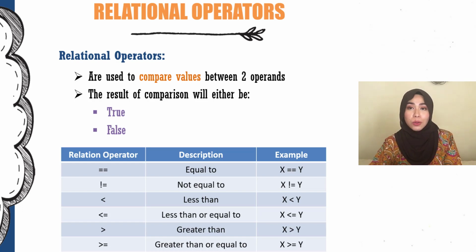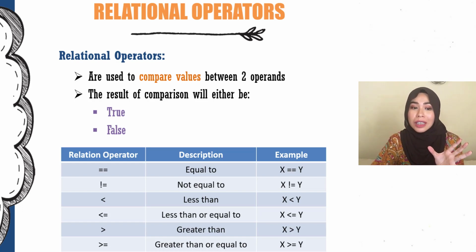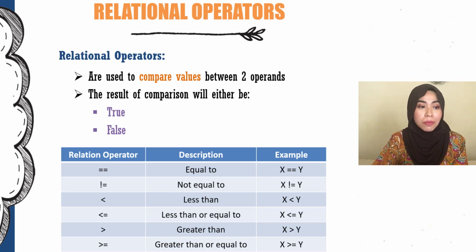So when you have a selection, the condition that you place inside there must contain at least one of these symbols. So equals to, not equals to, less than, less than or equals to, greater than, greater than or equals to. These relational operators allow your program to compare between two values.